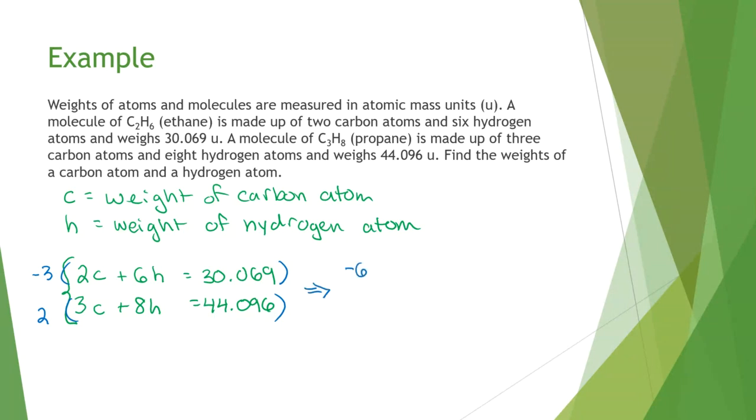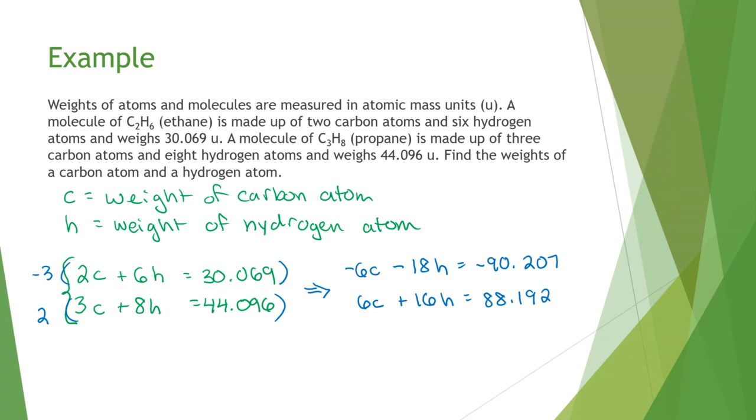So that will give me -6C minus 18H equals, and now, of course, I need my calculator here, -90.207, and then 6C plus 16H equals 88.192.